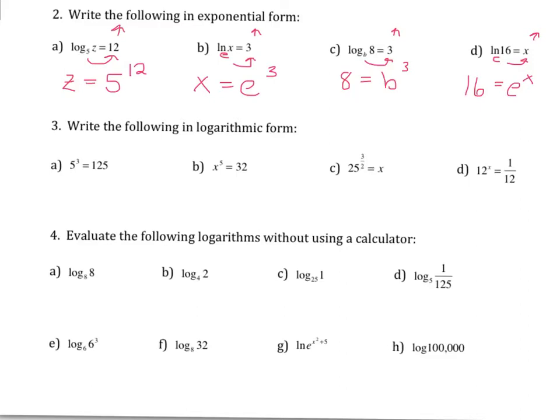For number 3, we want to do the opposite and take something in exponential form and rewrite it as a logarithm. So the base of my exponent is going to become the base of my logarithm. So log base 5 of 125 will equal the exponent 3.